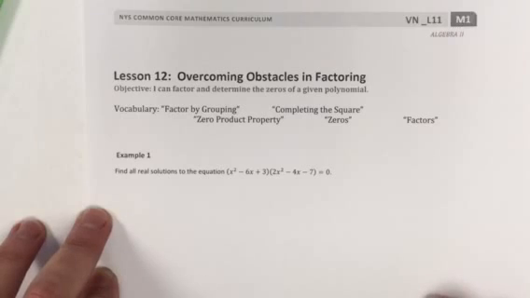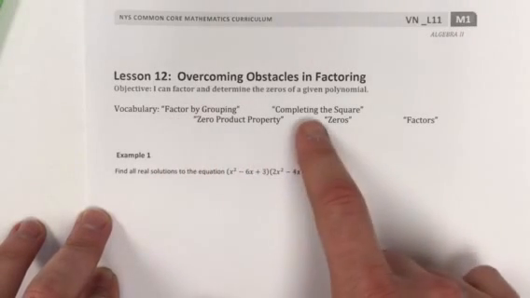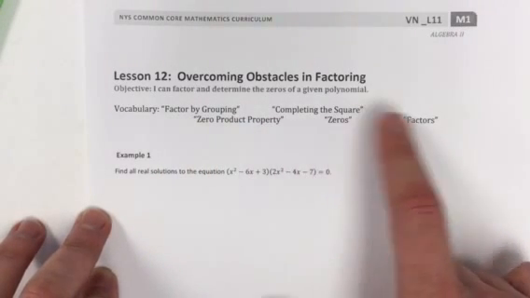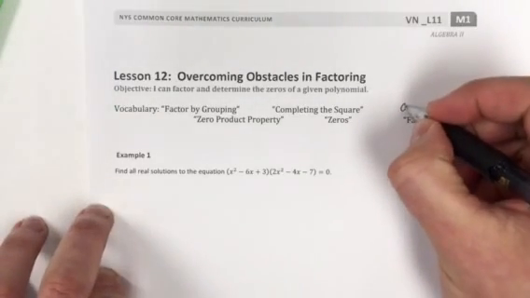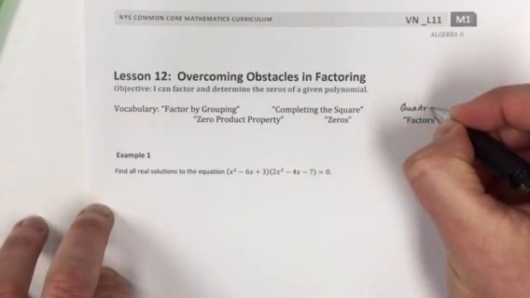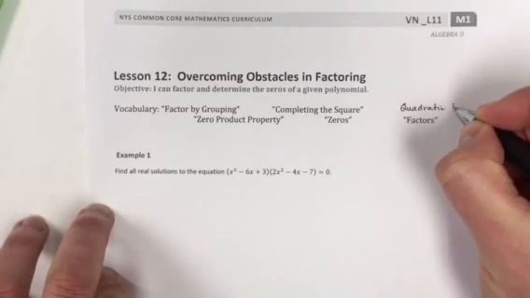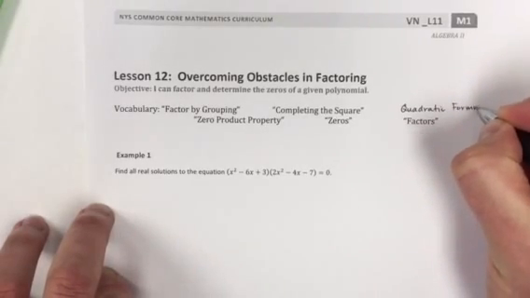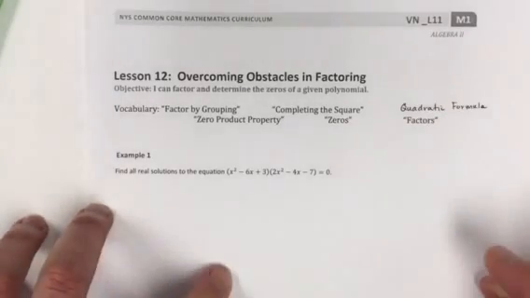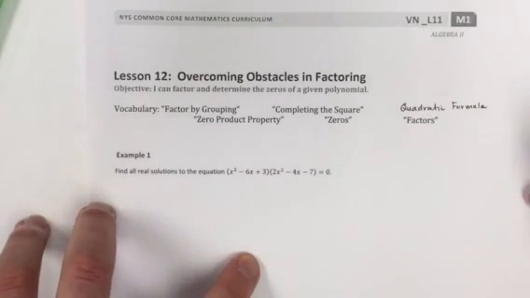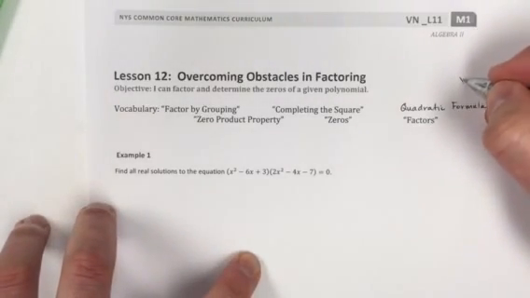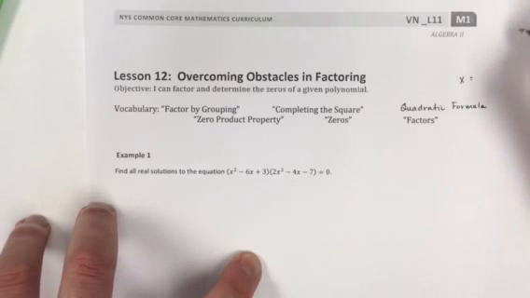Some of the vocabulary we're going to use is factor by grouping, completing the square, zero product property, zeros, and factors. One thing I'd like to add is a review topic of the quadratic formula. For those of you who know all those songs you can find on YouTube, your friends would greatly appreciate it if you sang them, as it definitely helps you remember exactly what they are.